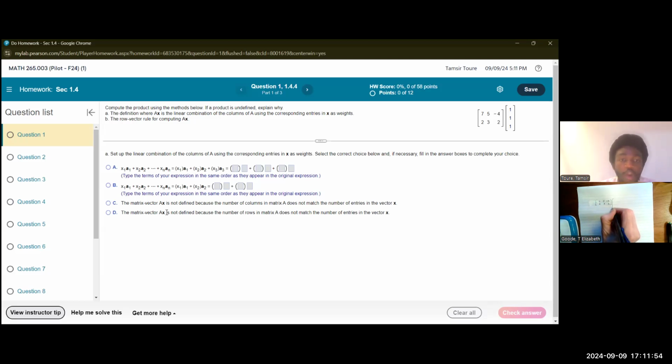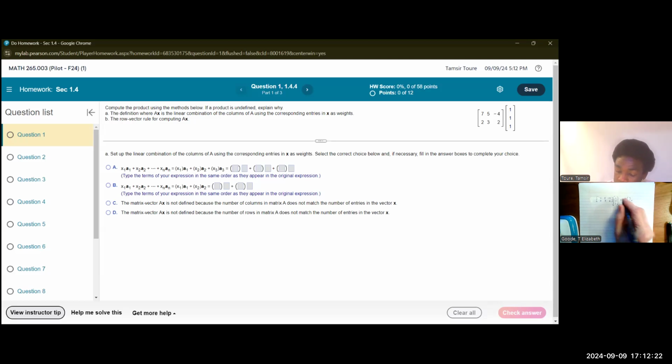The first answer says it's going to be X1 times A1, where A1 is bold, which means it's a vector, plus X2 A2, plus X3 A3. When I think about this, can you see what I'm doing here? I know this first coordinate is going to weight the first column, so it would be 1 times the first column, and that's what they're calling A1.